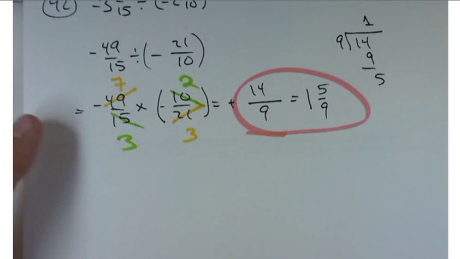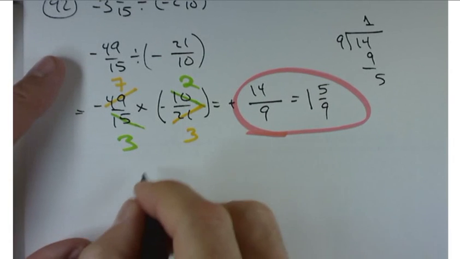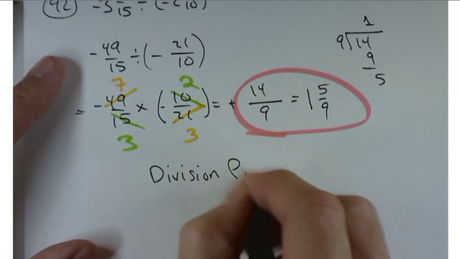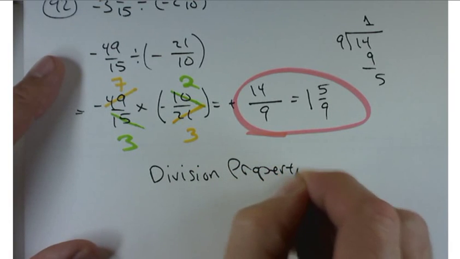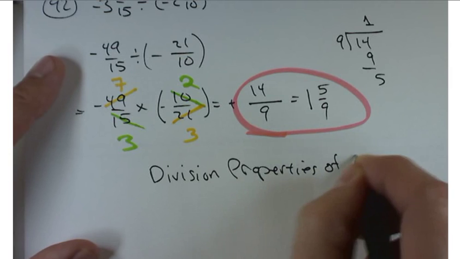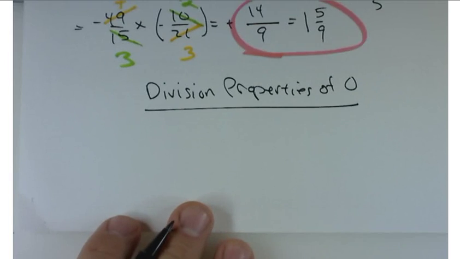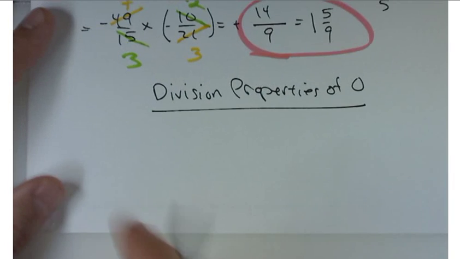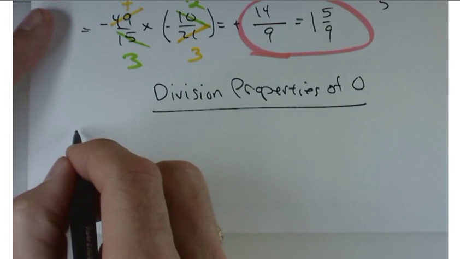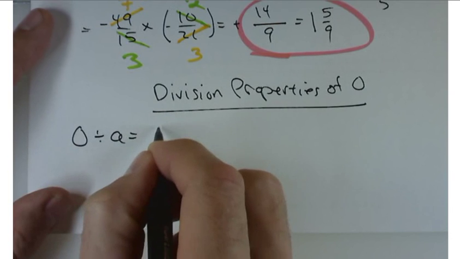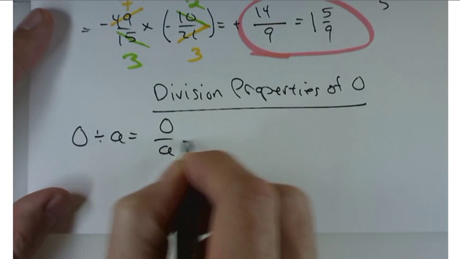Let's work on the division properties of 0. Basically, there's two of them. So 0 divided by some number is 0.